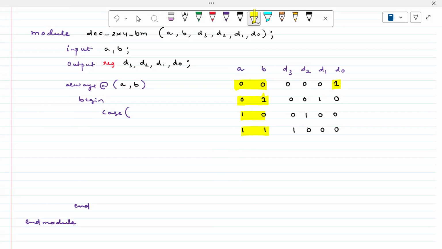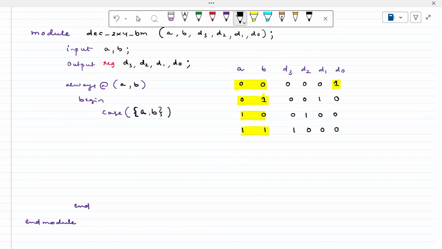I want to group these two bits as a single one. How do we do this? With the help of concatenation, I can group these two things: A comma B. So I want to see these individual bits as a single variable.